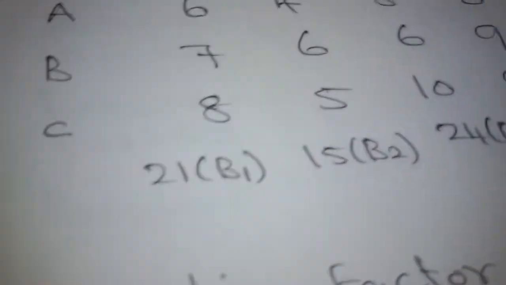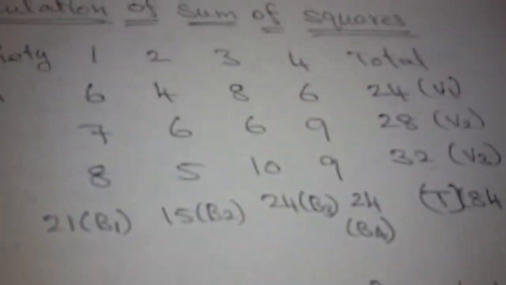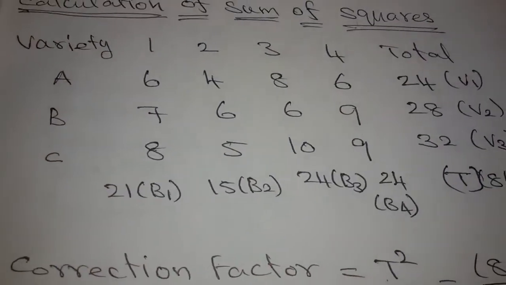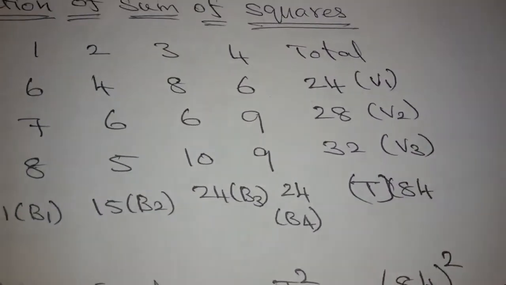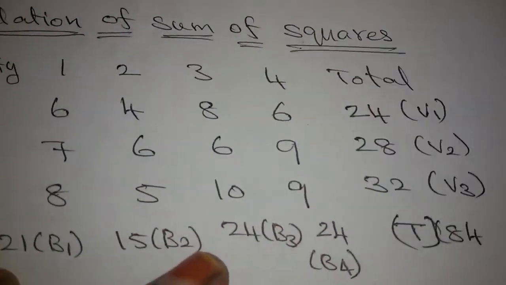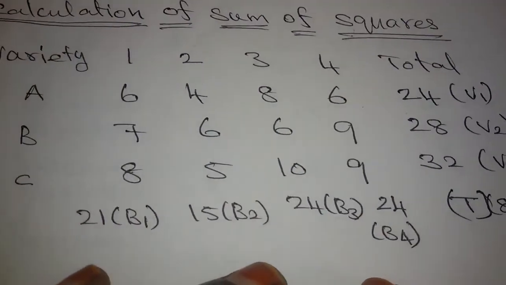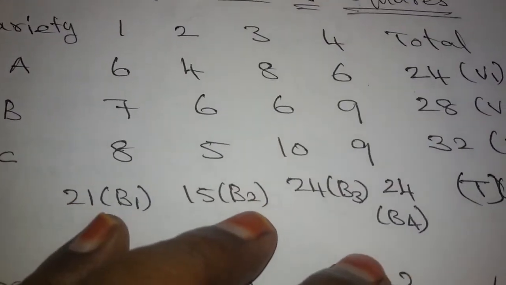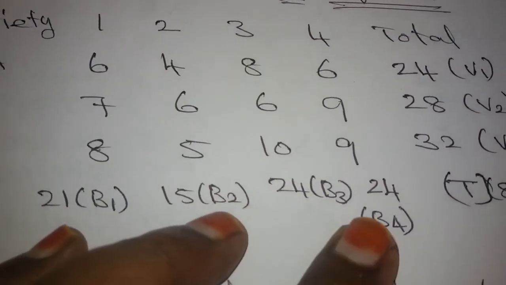So you have to write here 6, 7, 8. Likewise each column you have to write in the order A, B, C. And then you find out the totals as 24, 28, 32 and column wise totals 21, 15, 24, 24.